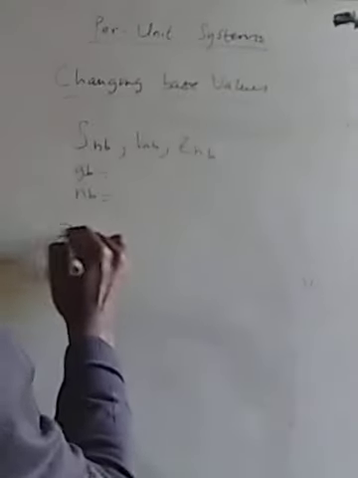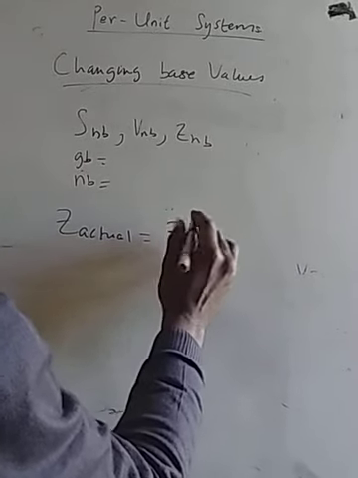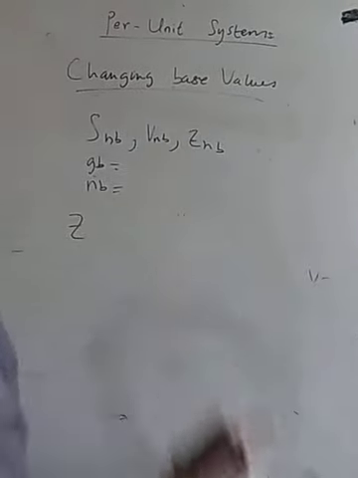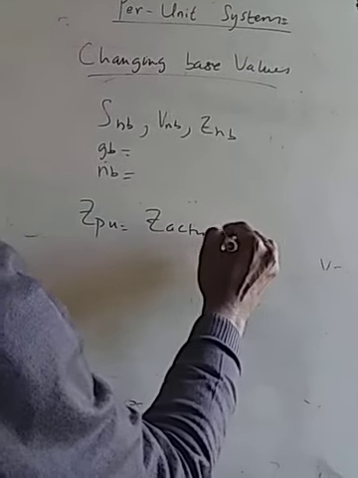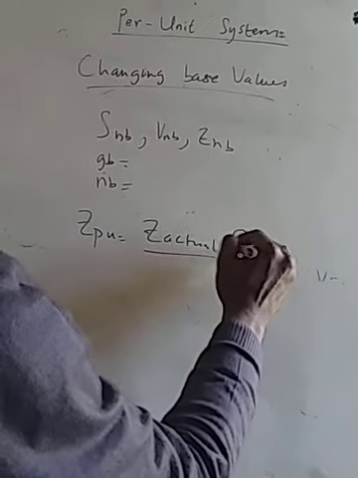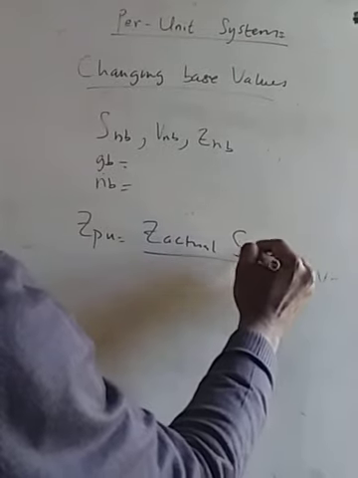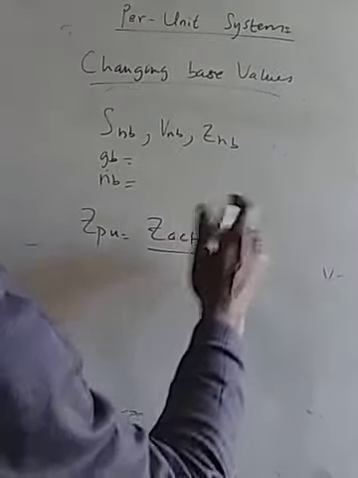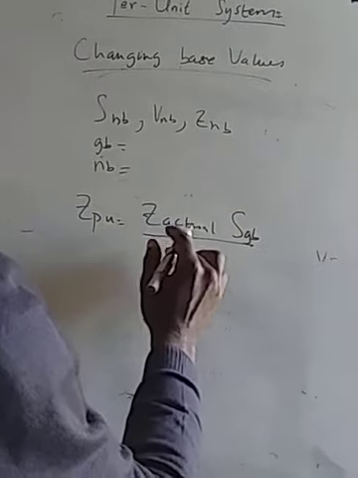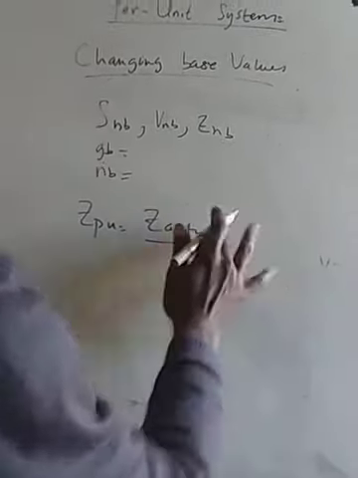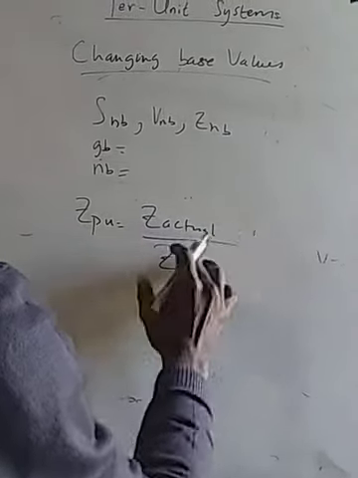Now, last time I indicated that our Z per unit is Z actual over Z base. If it is GB you are using, it takes the form of Z actual over Z given base.